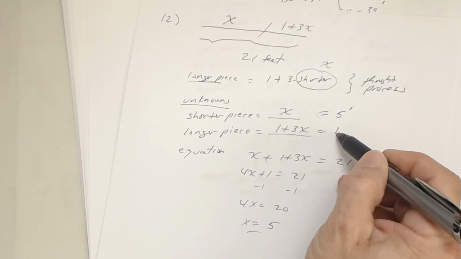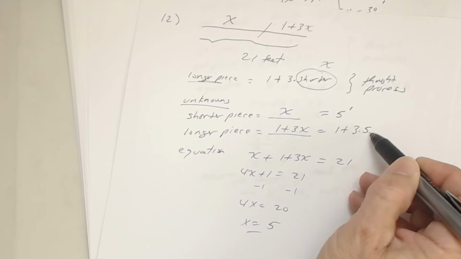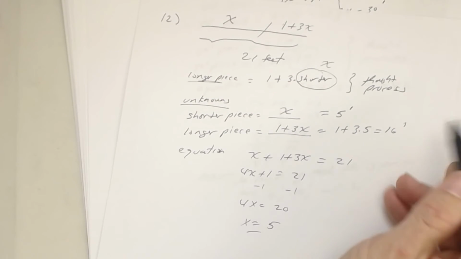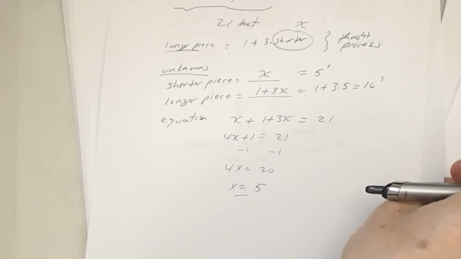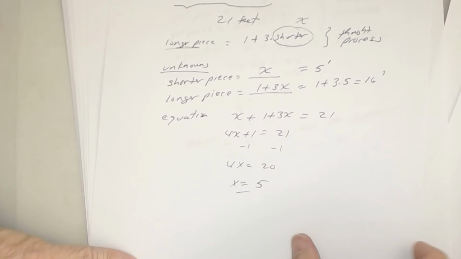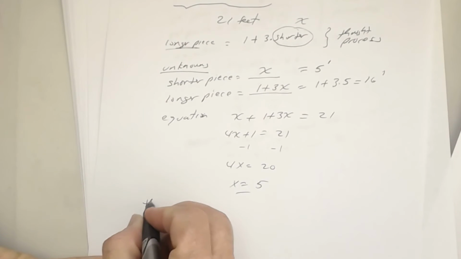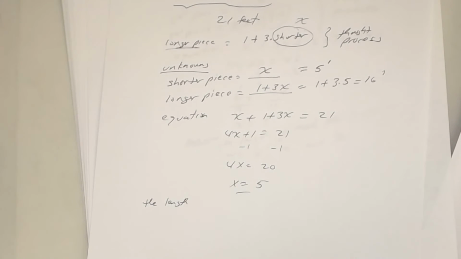So the longer piece would be 1 plus 3 times 5. Order of operations, you multiply before you add. 15 plus 1 is 16 feet. And so you would say the length of the pieces are, you could write it several ways, but as long as you're indicating to me what the lengths are.